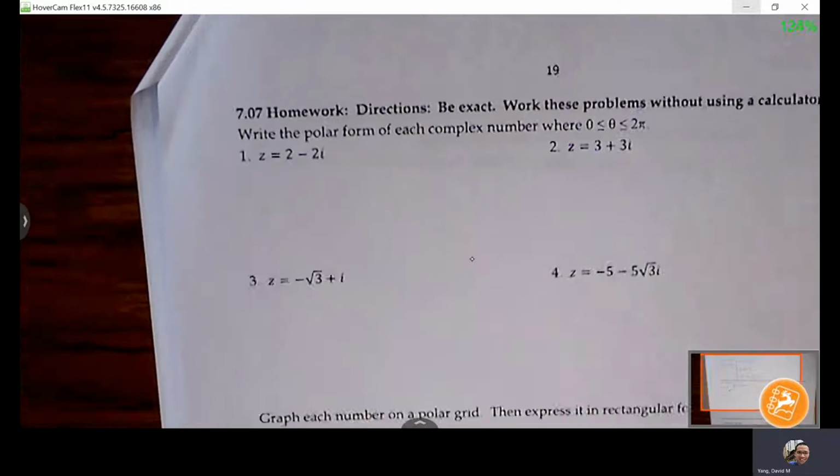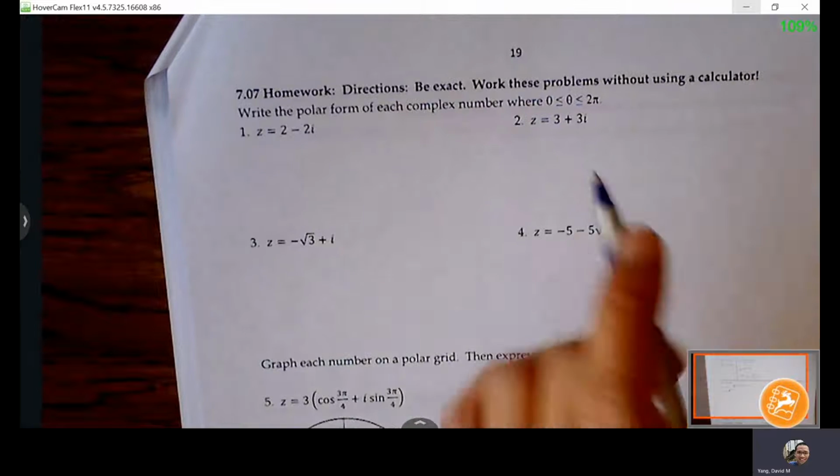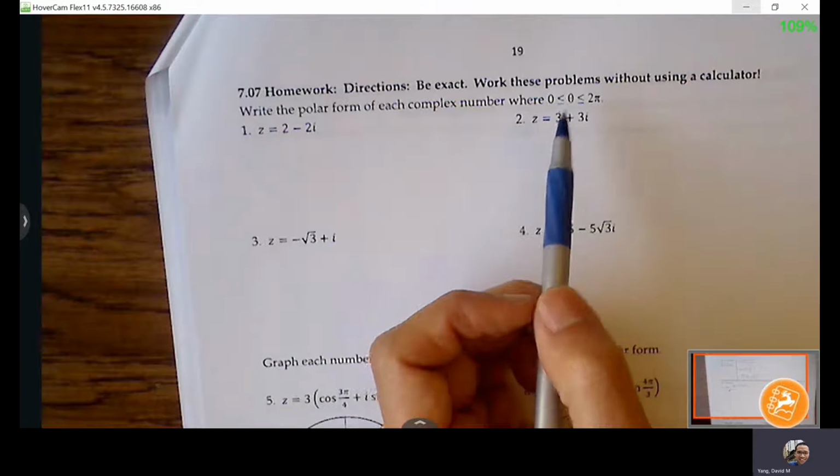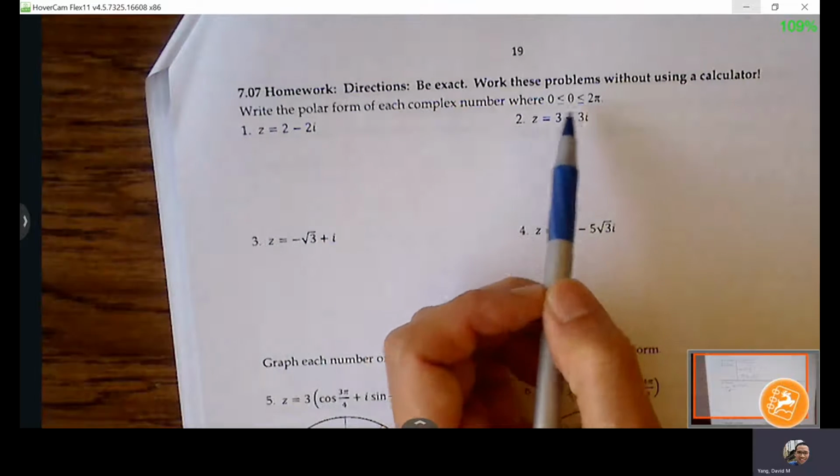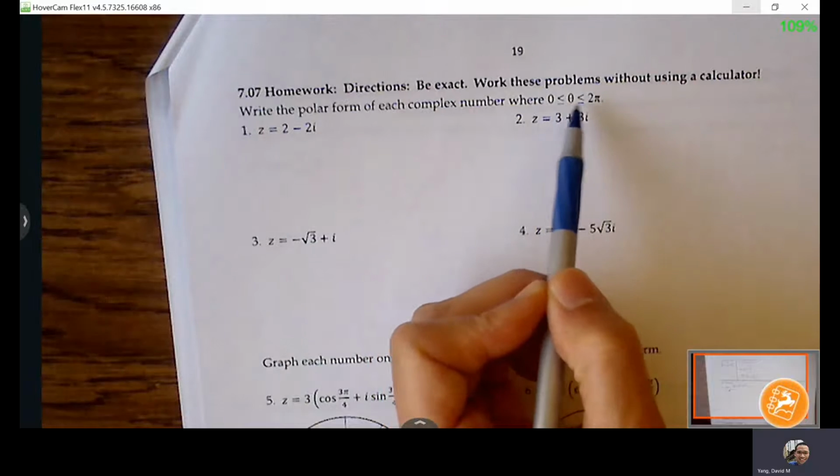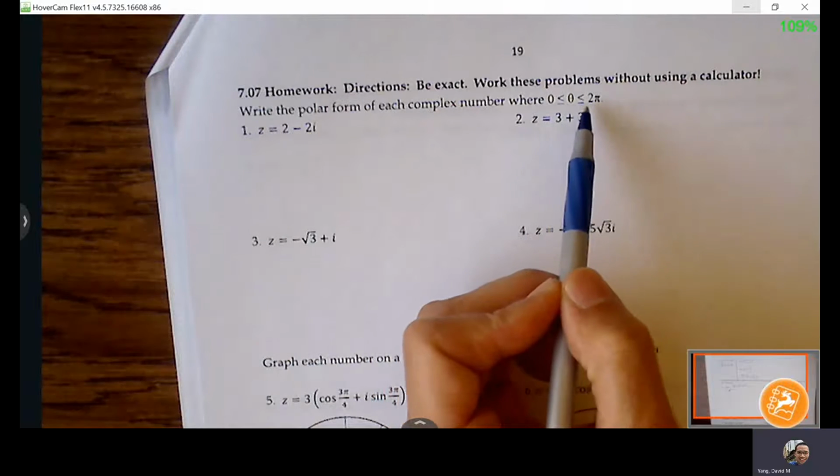Okay, so page 19. Remember, look at the direction though. You can do something in degree form. Just make sure you convert it back to radians because we want theta to be in terms of pi.